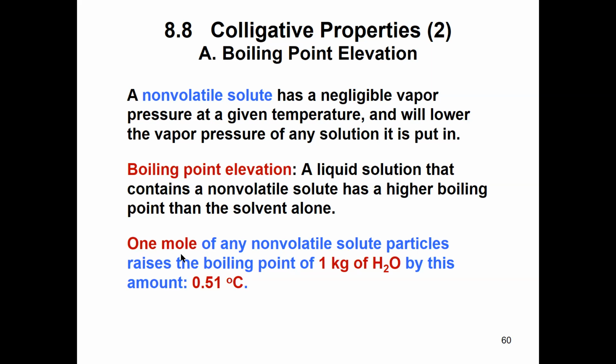For 1 mole of any non-volatile solute particles, it raises the boiling point of 1 kilogram of water by this amount, 0.51 degrees Celsius. So if you have 1 kilogram of water and 1 mole of non-volatile solute, for example, any kind of ionic compound would fit that description, as long as it's not a volatile organic solvent, that would work.